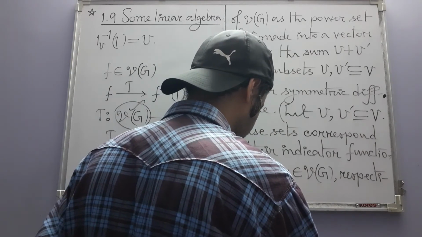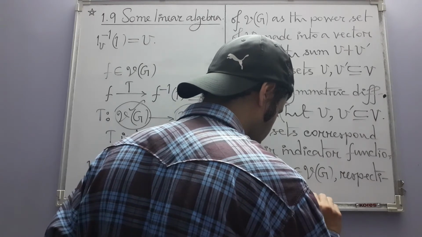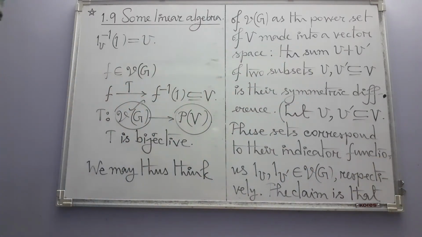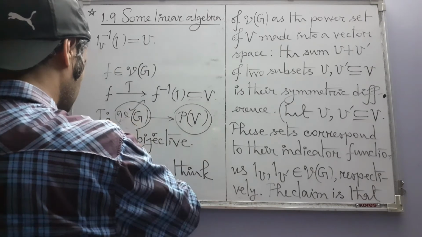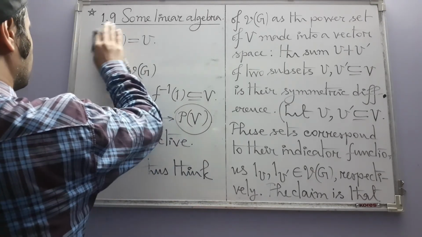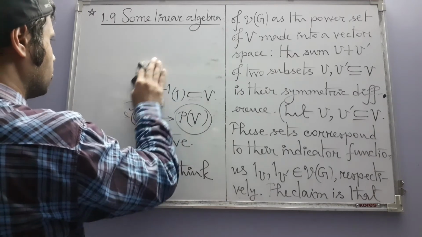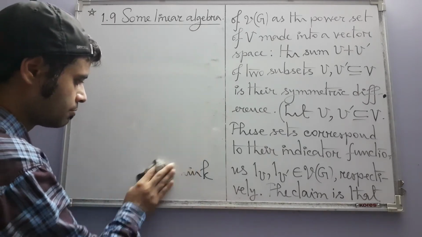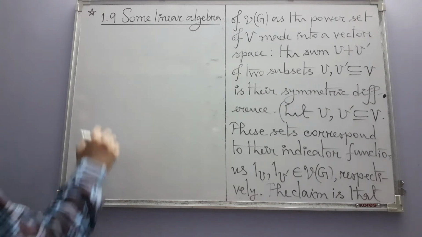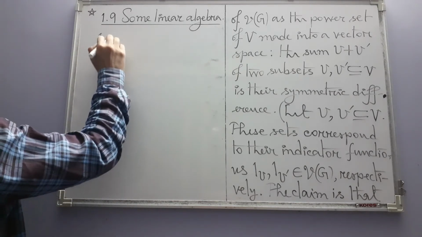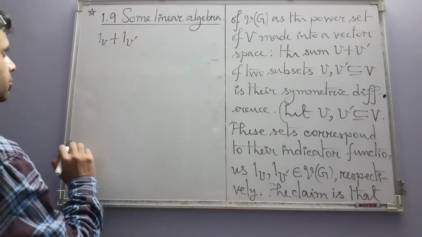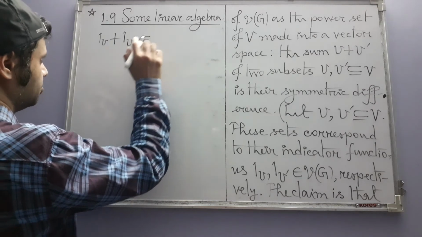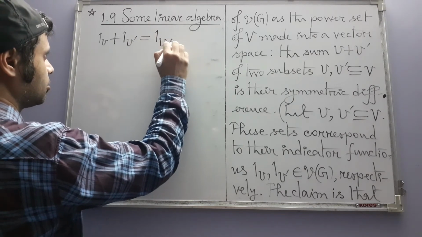Now the claim is that 1u plus 1u prime is the indicator function of the symmetric difference of u and u prime. That means that it is equal to 1 u delta u prime.